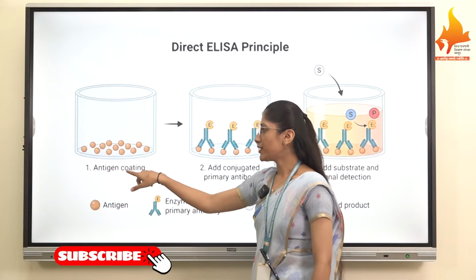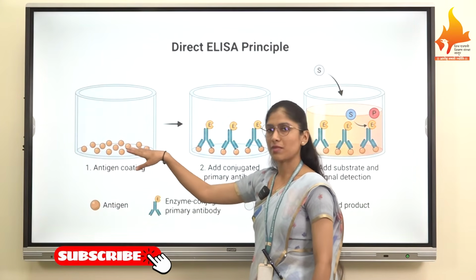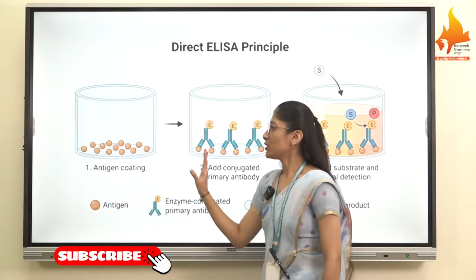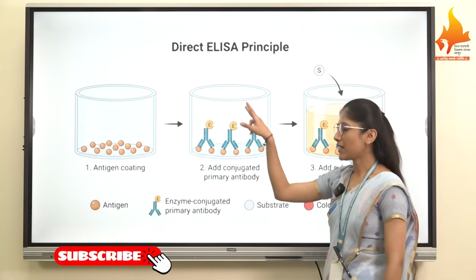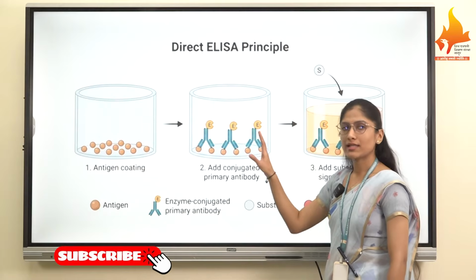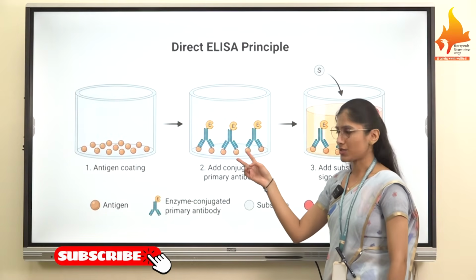Here the antigen is already coated or immobilized on the surface of the microtiter well. Then the enzyme linked antibody is added and binds to that antigen.